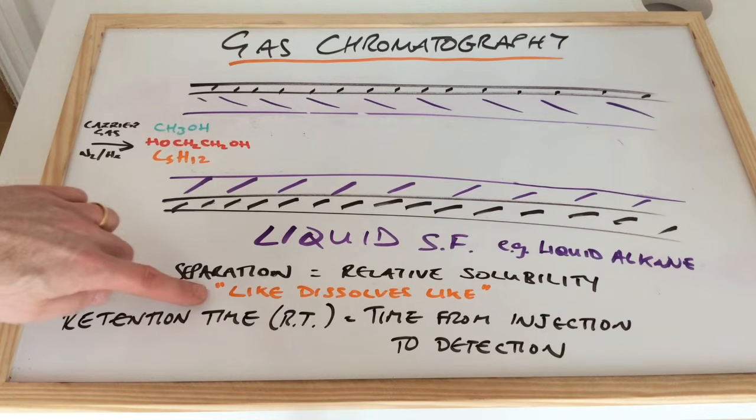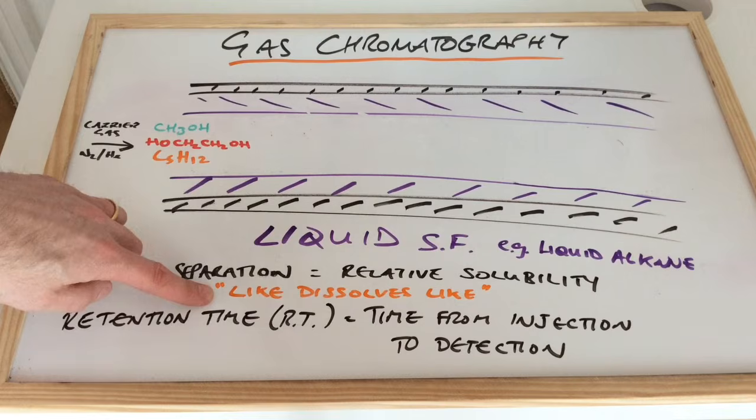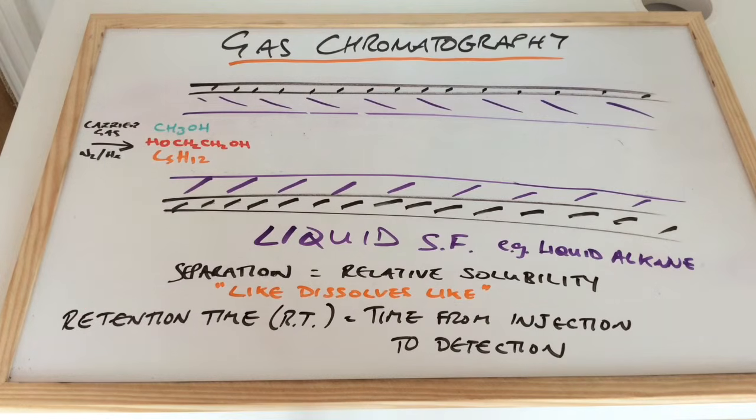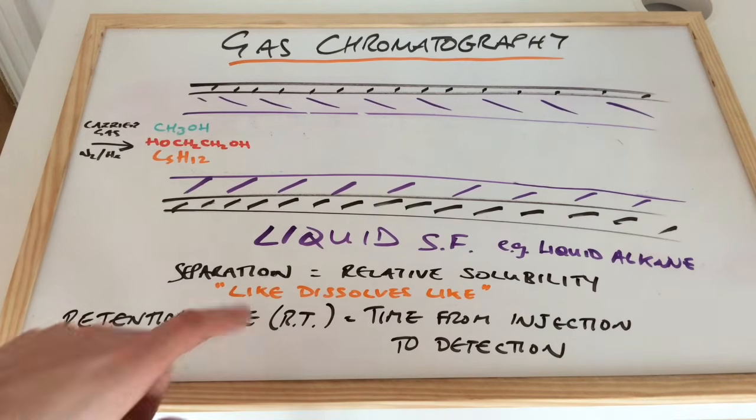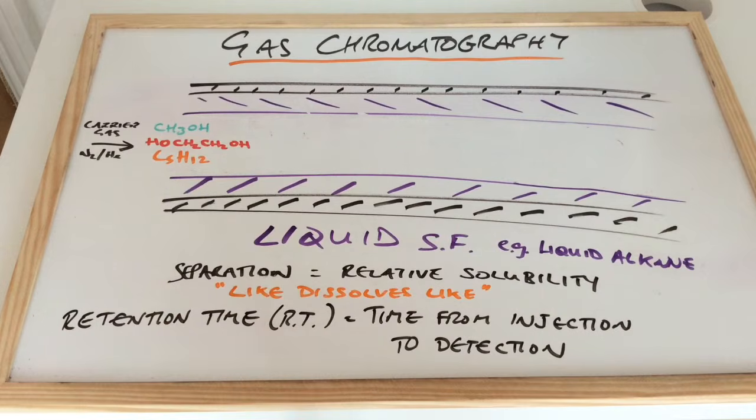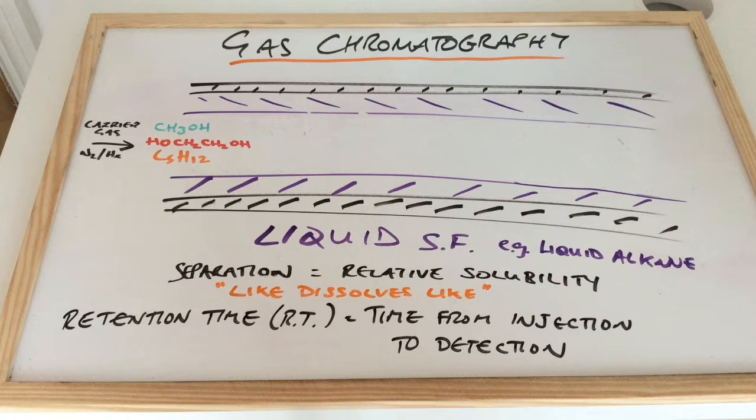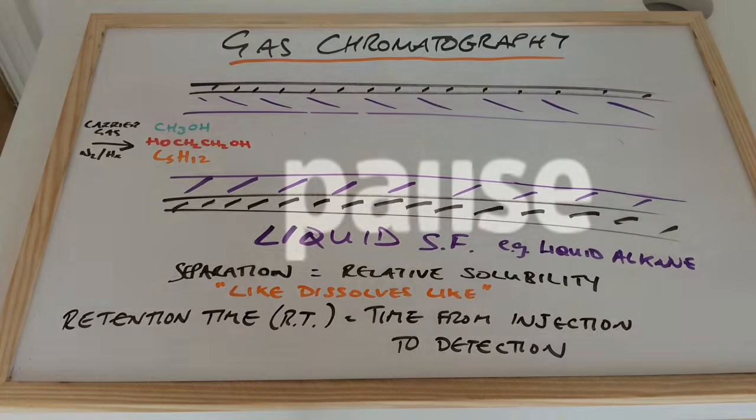And I've added a little phrase to help you work out how the separation is going to pan out. Like dissolves like. So pause the video and see if you can position the three compounds into the approximate positions according to their retention times.